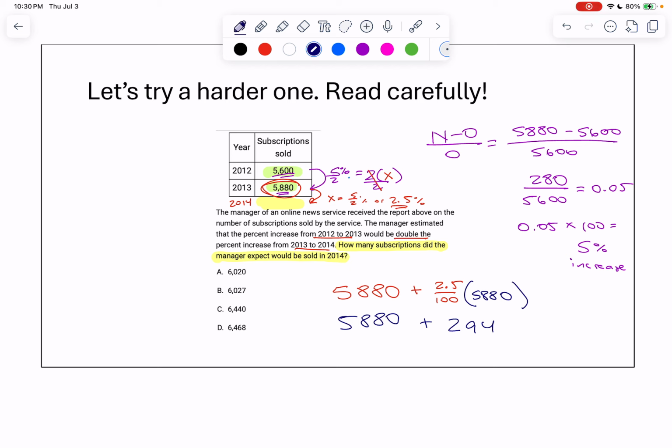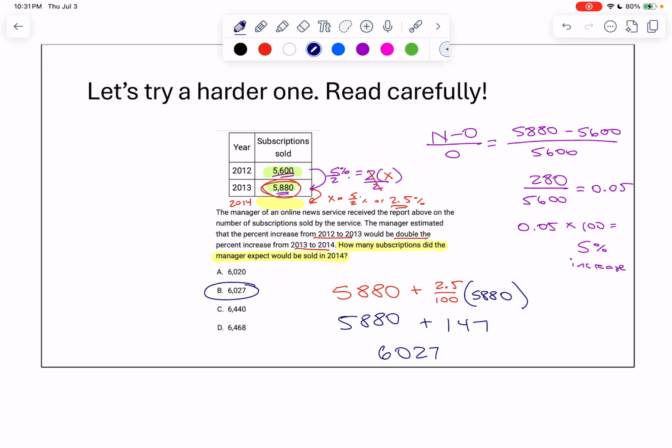I think I typed that in wrong. 2.5 divided by 100 times 5880. Yes, that indeed gave me something weird. I definitely typed that in wrong. That was 147. And we're going to add that to 5880, and we're going to get 6,027, which is B.